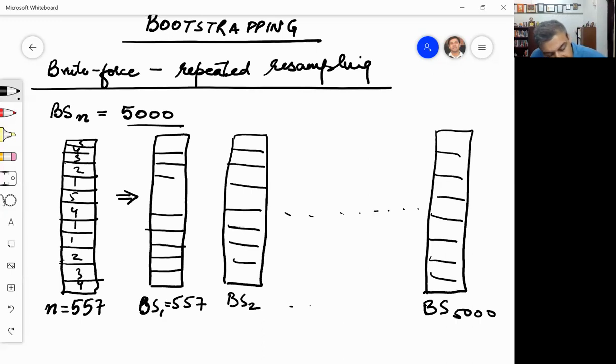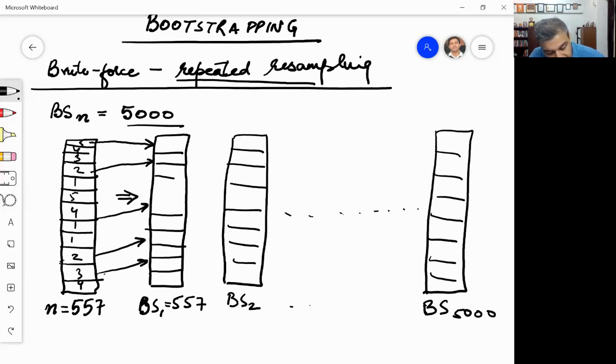Now it basically starts random sampling and pulling in data. It assumes that this original sample is the population and it starts to sample elements from your original sample into its bootstrap sample. And it is repeated resampling.